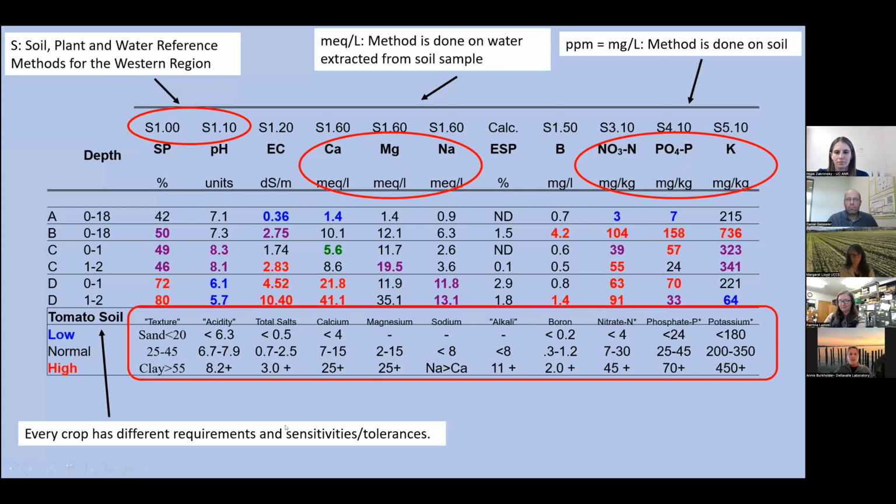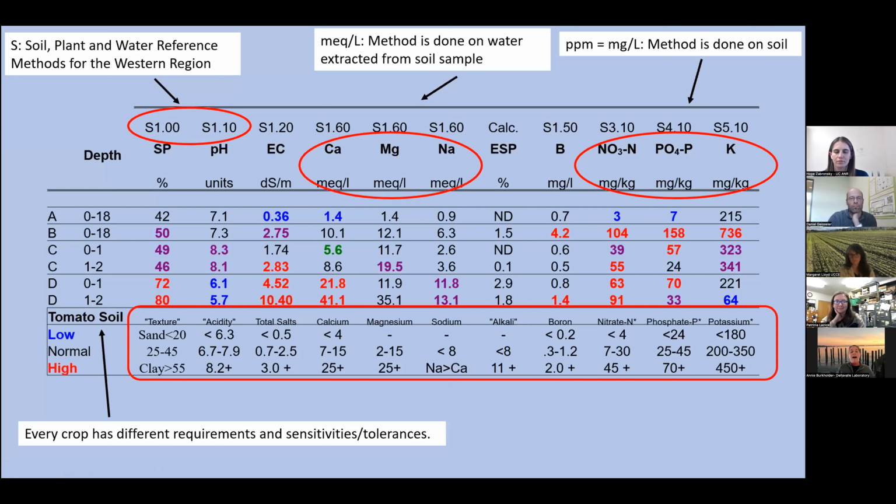And then, as I mentioned, and Patricia, every crop has different requirements and sensitivities and tolerances. So it's important to indicate what crop you're planting. Most of the time, as far as I know, you can indicate as many crops as you want. Because I know small farmers have a very diversified system.